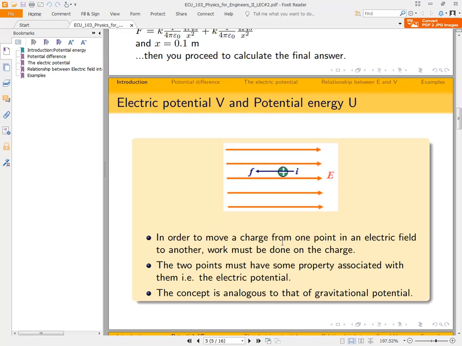Potential energy is basically the work done on moving the charge from one point to another. Within the electric field, there are different points. Each point is characterized by an electric potential. That means the voltage at different points is not the same. That is what we call electric potential.